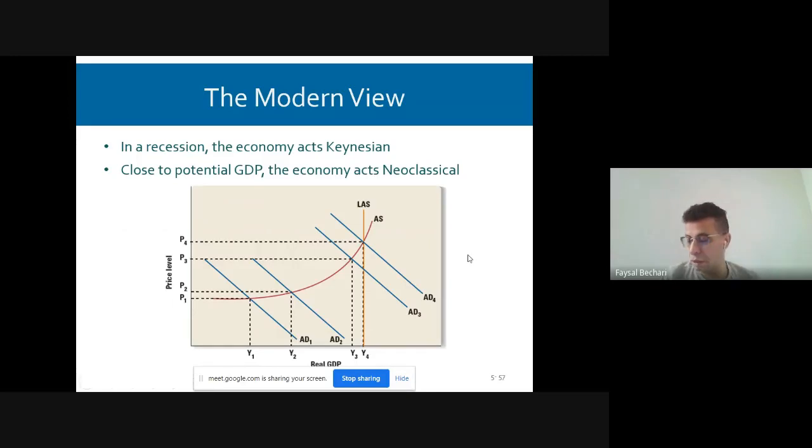So in a recession, the economy acts Keynesian. Close to potential GDP, the economy acts neoclassical. Here the economy acts neoclassical, and once it becomes flat, the economy starts working more Keynesian, and you need government intervention so you can grow this part of it.